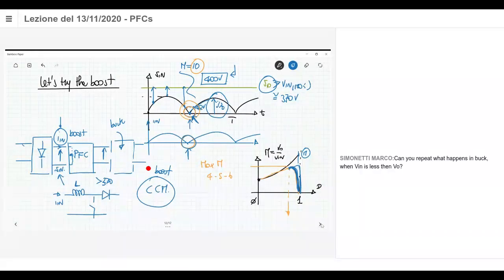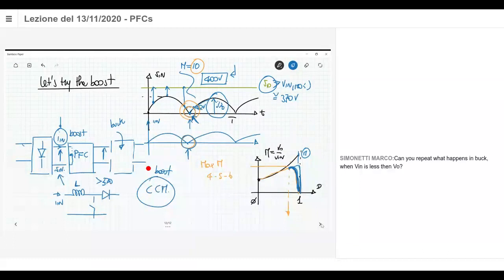We can understand why this happens in the following lectures, but for now, I can use it in CCM because the bandwidth of my boost operating as a PFC does not include the right half plane zero.